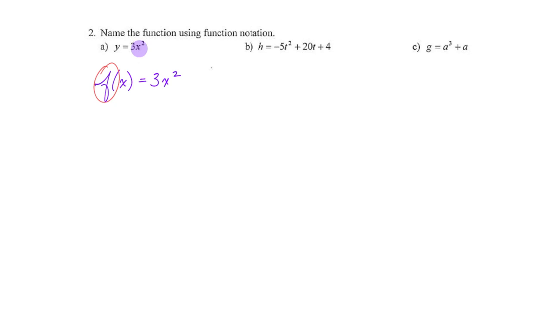Okay, we're going to name that function using function notation. So maybe I like the fact that it's a height function. So I like calling it h. No worries, then call it h. And it has this equation to it.